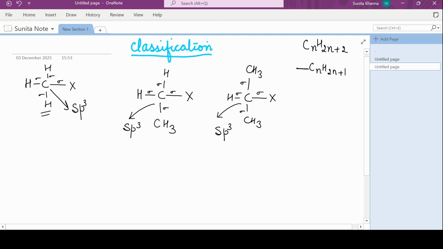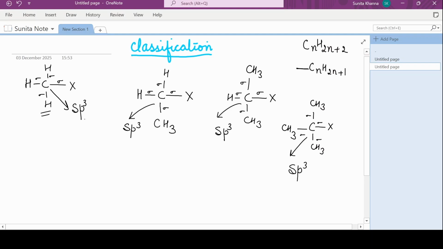I can make one more change. Okay, carbon here X, here CH3, here CH3, and this hydrogen also I replace with CH3. So again 4 sigma bonds. That means still this carbon to which the halogen is attached is sp3 hybridized.